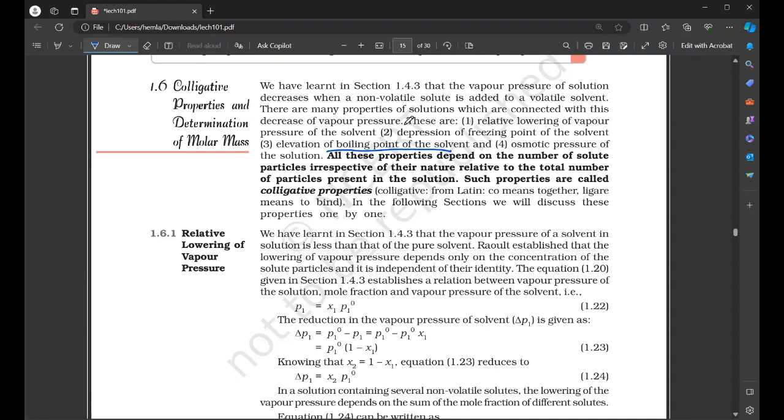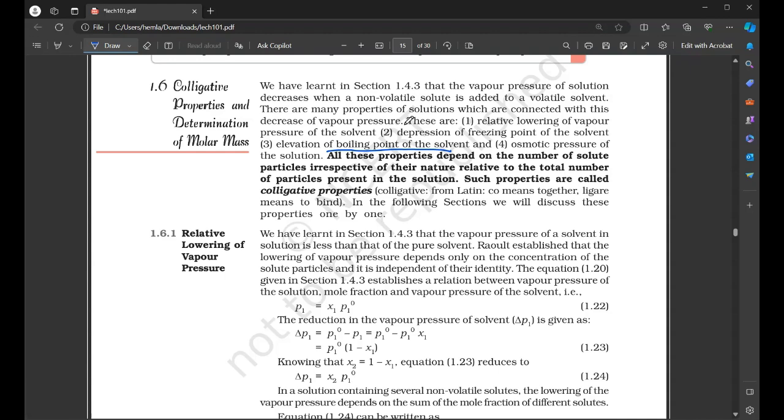Okay, the same Raoult's law: P1 is equal to x1 P1 naught. The reduction in vapor pressure of solvent, delta P1, is given as P1 naught (1 minus x1). They just replaced it with the x2 component, and so delta P1 equals x2 P1 naught.